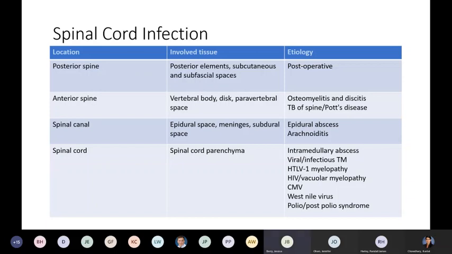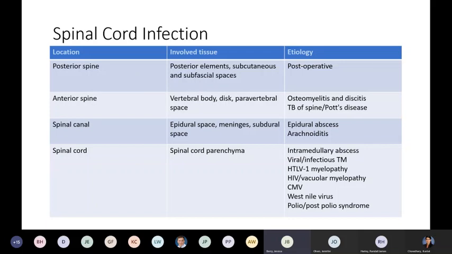When the actual cord parenchyma is involved by infection, some things on the differential can include viral infectious transverse myelitis, HTLV1 myelopathy, HIV vacuolar myelopathy, and CMV, which is also associated with HIV. Both of these tend to occur in the late stages of HIV/AIDS, in persons with a CD4 count less than 200.